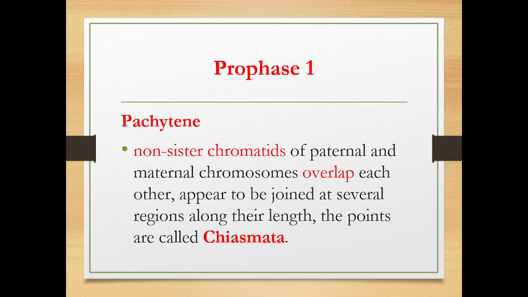But there is another stage of prophase 1 called pachytene, and during pachytene, that's where you need to see the non-sister chromatids overlapping each other, joining each other at a point called the chiasmata. It is at this point, at the chiasmata, that you need to expect crossover to take place. That's now where the beginning of genetic variation starts from.